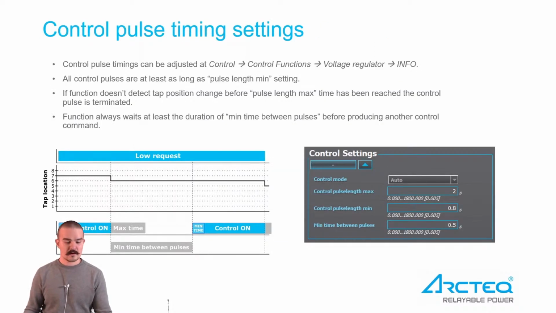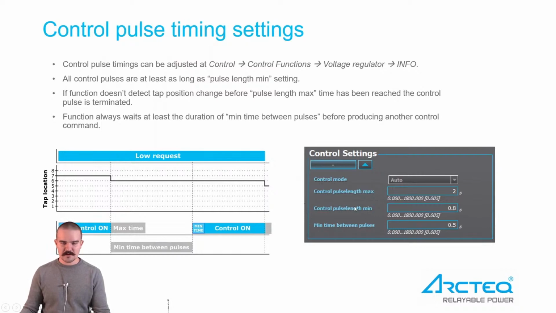Then when those are set up, we want to set up the control pulse timing settings in case these need to be changed from the defaults. So all control pulses are at least as long as the pulse length minimum.